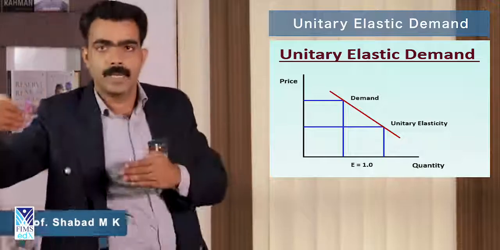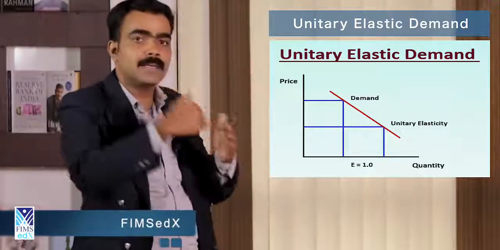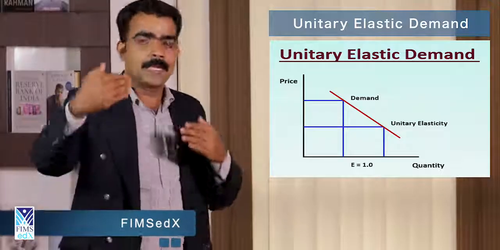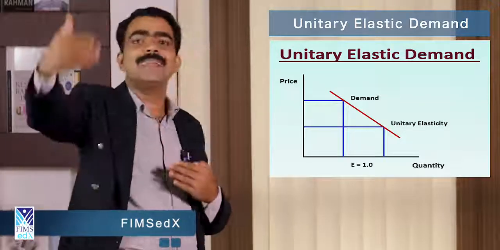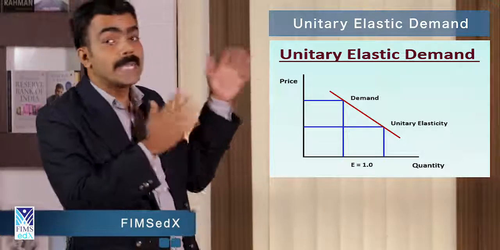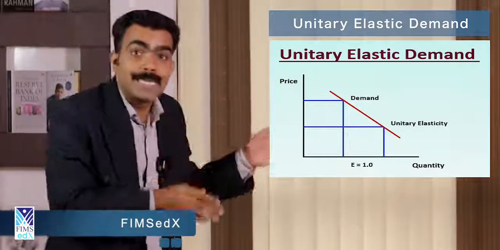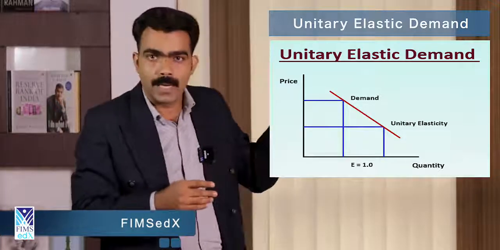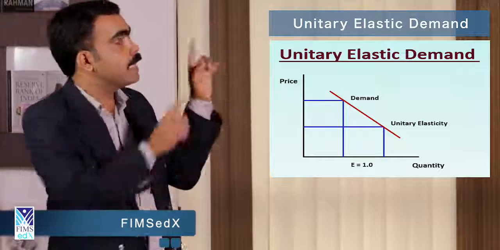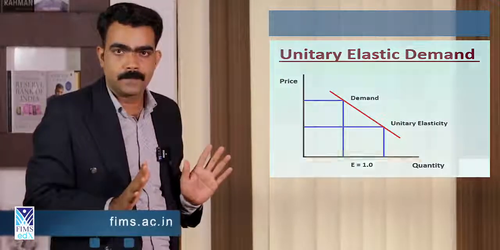A 20% price reduction and the demand increases by 20%. See, the diagram is like a figure of unitary, meaning equality, equal to 1. That is what it represents: EP is equal to 1. EP stands for elasticity of price.